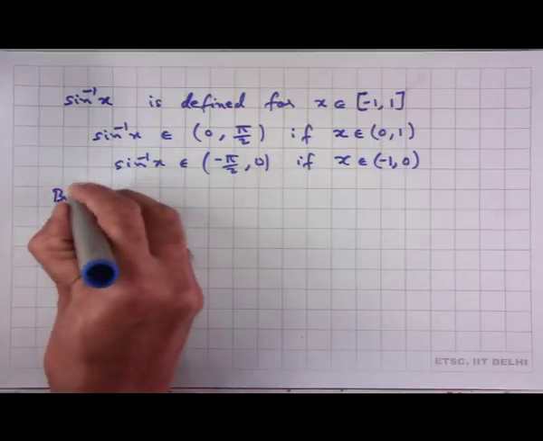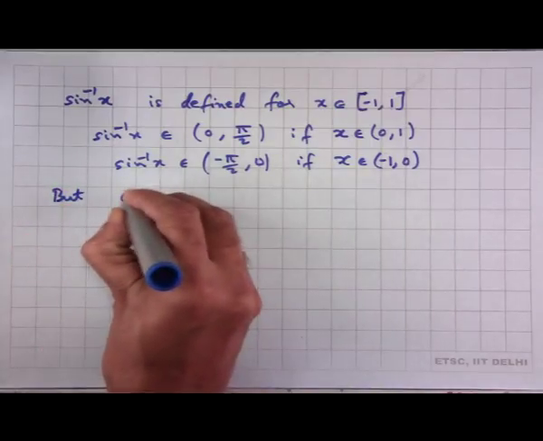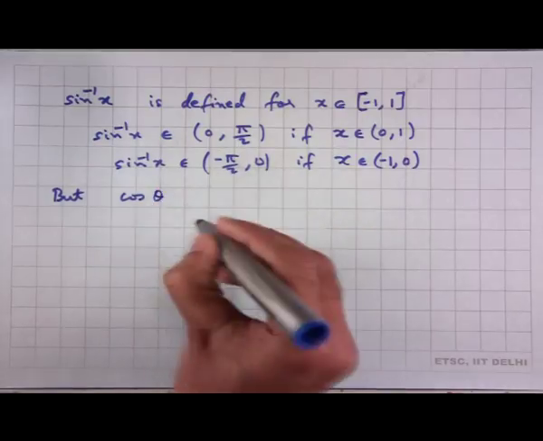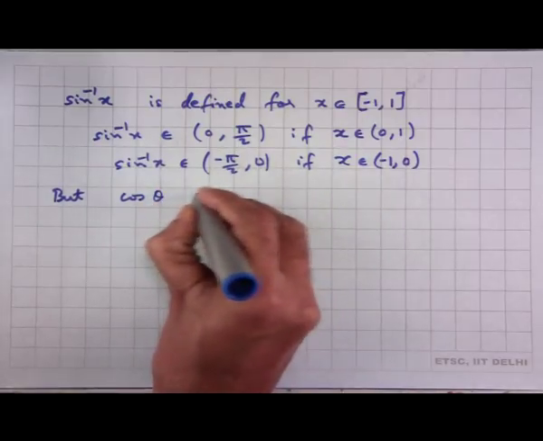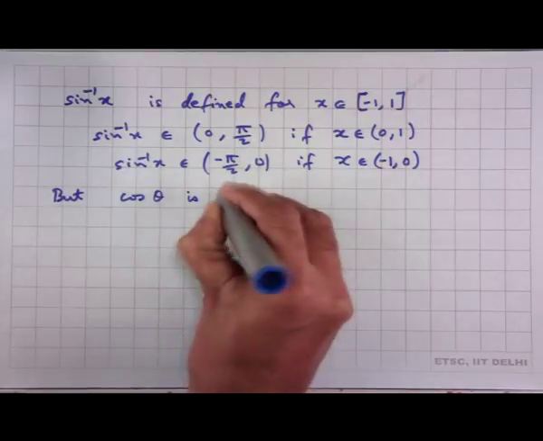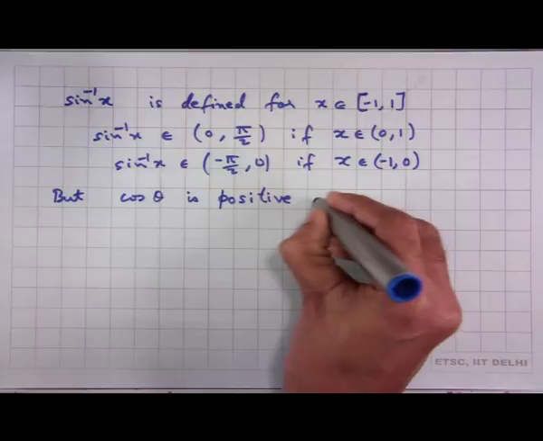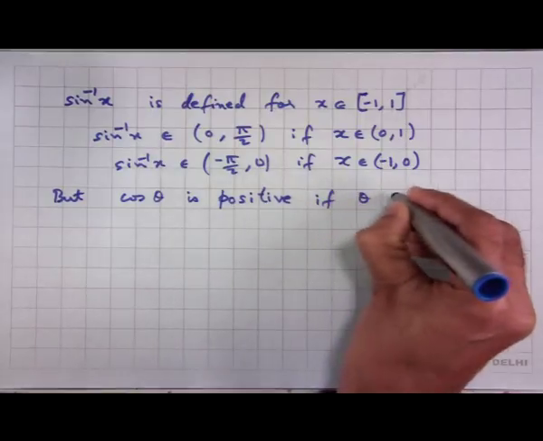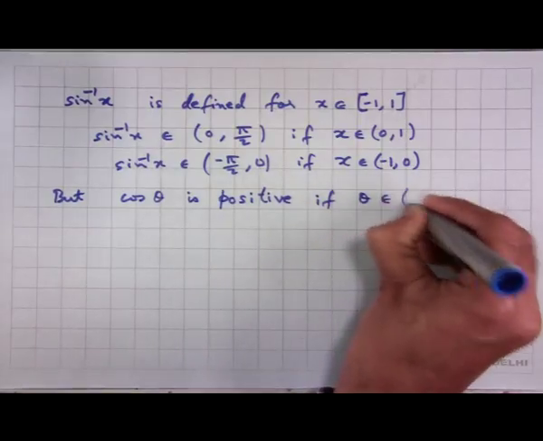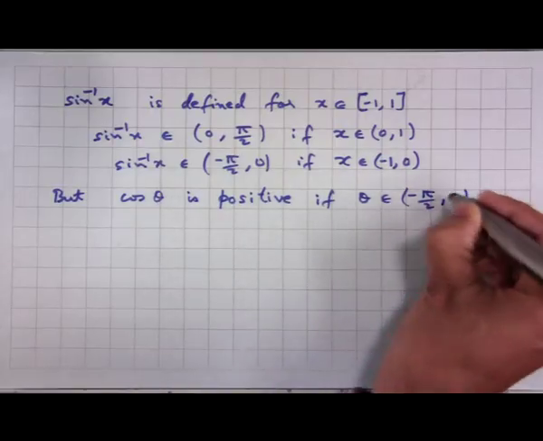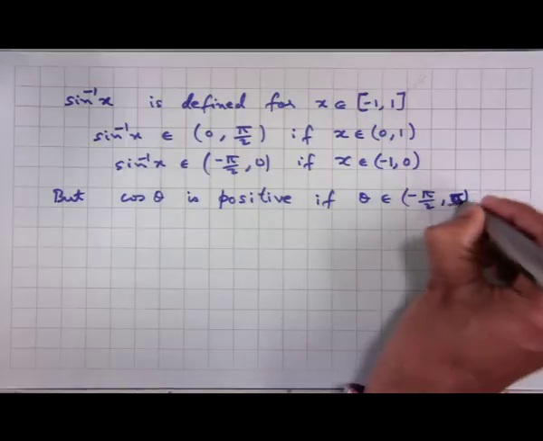Now, what about cos of this? But cos of theta is positive if theta is between minus pi by 2 to pi by 2.